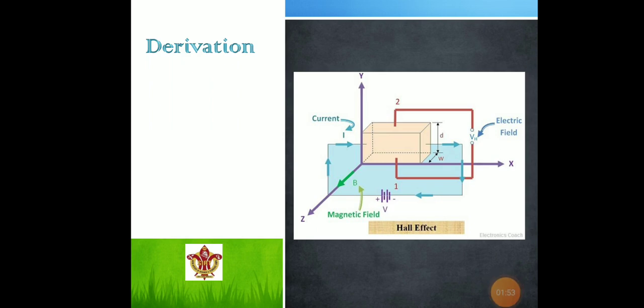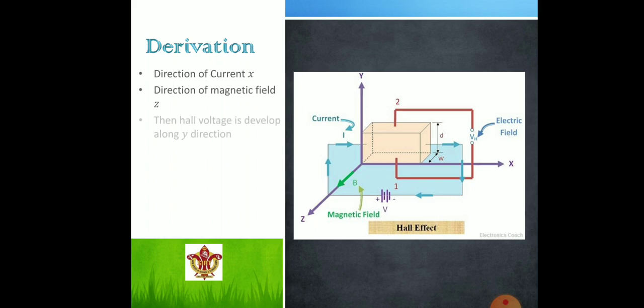Now we come to the derivation of Hall effect. Before starting the derivation, let us see some considerations. The direction of the electric field is X, the direction of the magnetic field is Z, therefore the direction of the desired Hall voltage is the third direction, which is the Y direction.